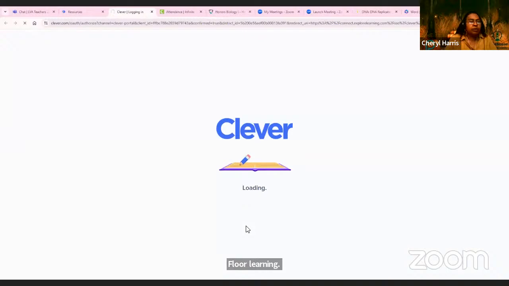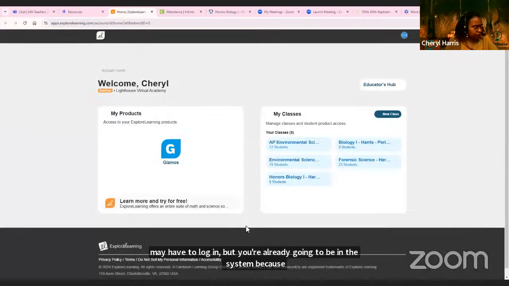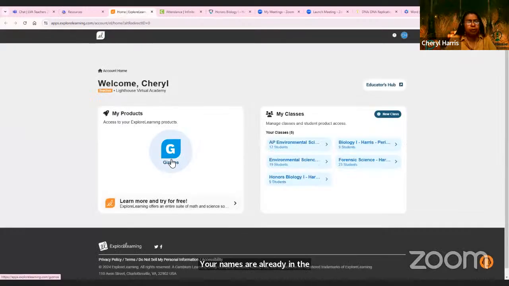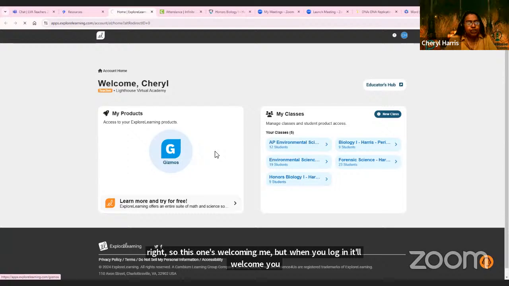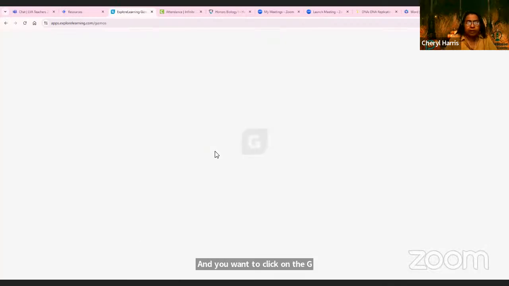And when you click on Explore Learning, you may have to log in, but you're already going to be in the system because your names are already in the Gizmo program. All right, so this one's welcoming me, but when you log in, it'll welcome you. And you want to click on the G. And yeah, let me walk you through this today because tomorrow is.